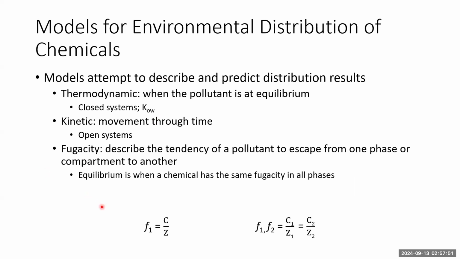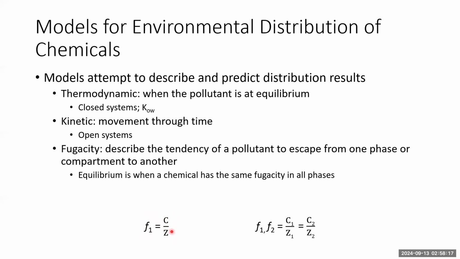So this is not something that I will actually have you calculate. Rather, we're just going to think about this term F, fugacity, and what it means. If you were to calculate fugacity, you would want the concentration of your particular chemical. And then Z here is what's called the capacity constant.